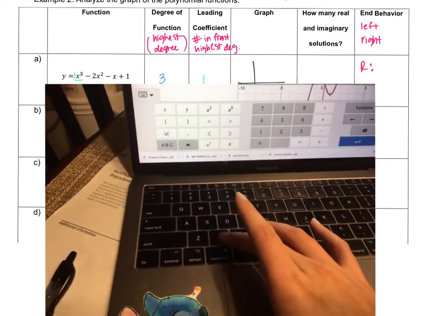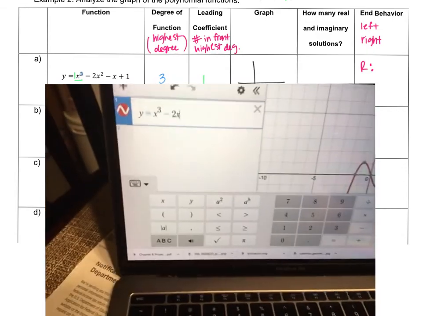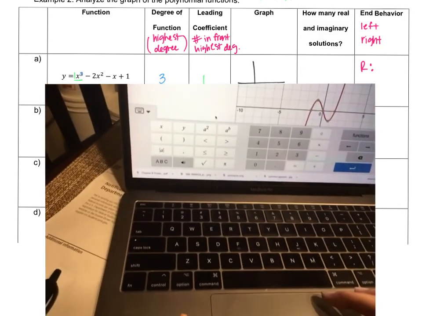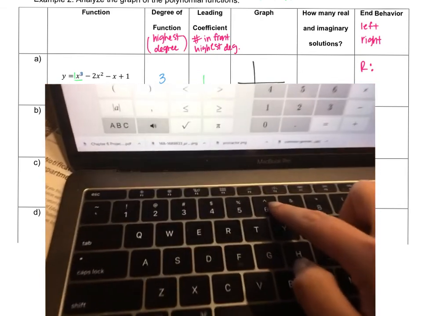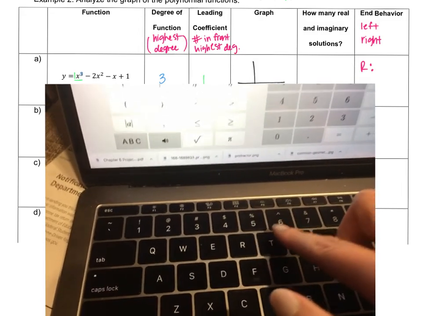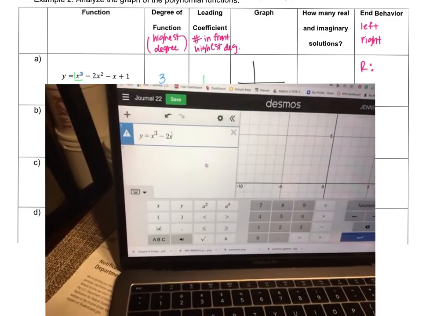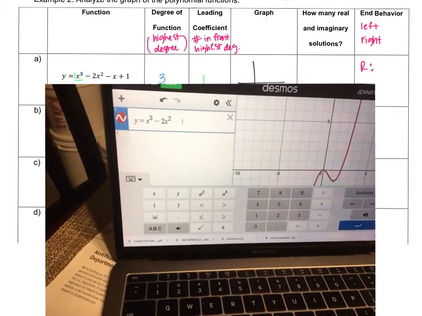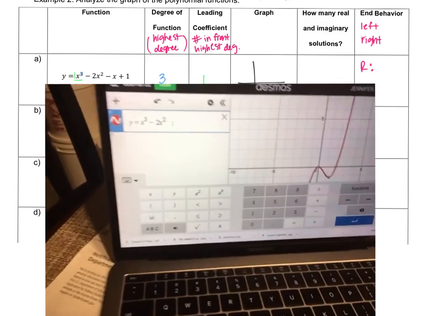But to get the exponent, instead of using this square, which is really easy to do, what you can do is hit Shift and then hit 6. You see this caret button right here, this arrow button that's pointing up? We sometimes call that a caret button. You have to hit Shift to get it. And when you do in Desmos, it makes an exponent spot for you. Then I can put the 2, and then I'll hit my arrow key or the mouse to make it come down. And so now I have 2x squared.